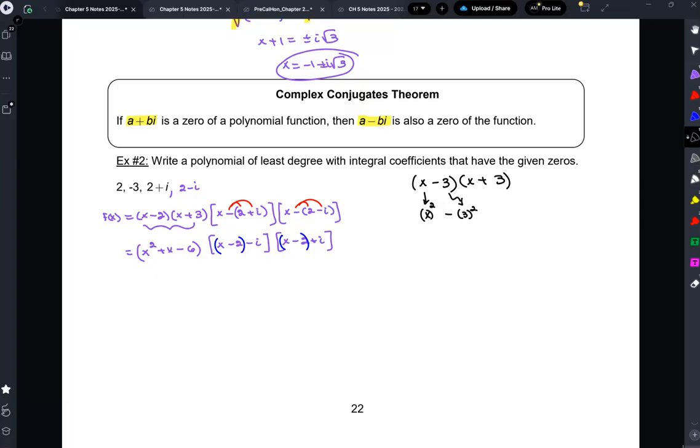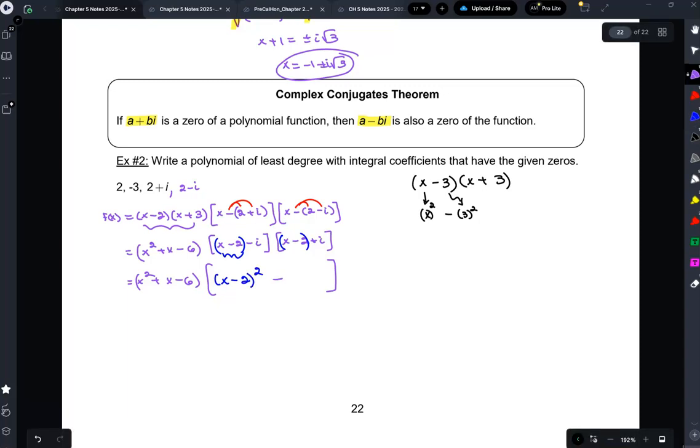Here you have this minus i, this plus i, right? So what we're going to do is this. First, let me write this over again. Look at what we're going to do. We're going to have this first one squared minus the second one squared.